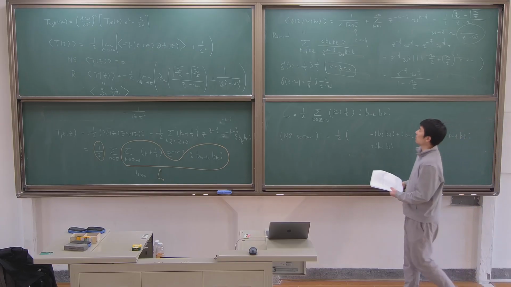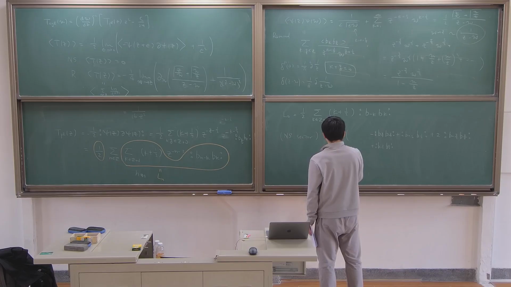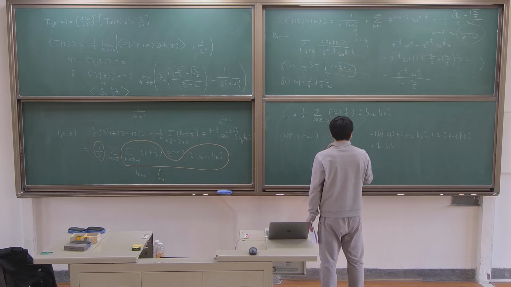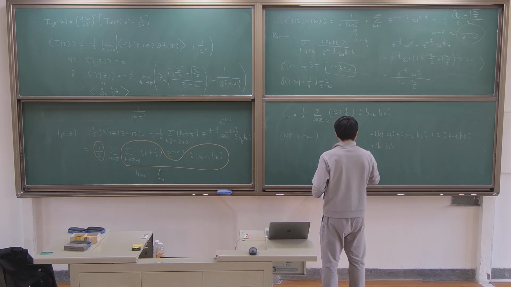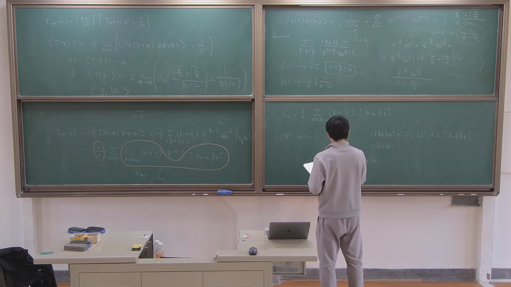Therefore, from the Neveu-Schwarz sector, this will become something like the sum over k of b minus k b k.